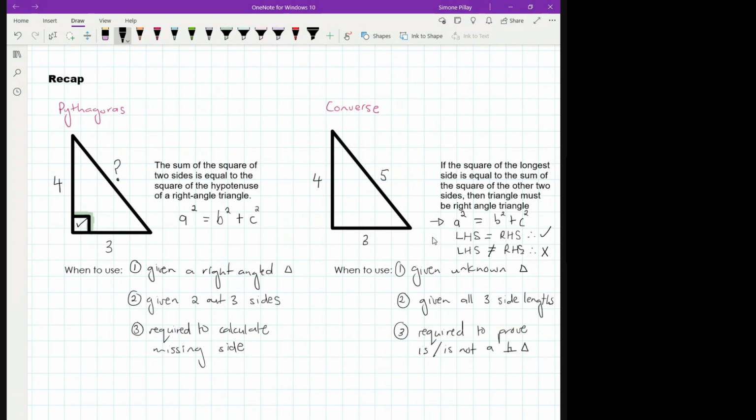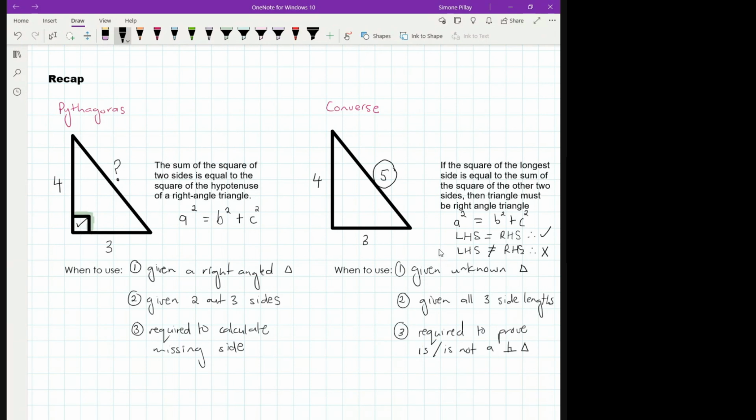When you come to your conclusion, if your left-hand side does equal the right-hand side, you have a right angle triangle. If it does not, then you don't. And remember, when you're substituting into your formula, you're not just putting any numbers anywhere. You are putting the longest side into your A value over here, because that represents your hypotenuse.